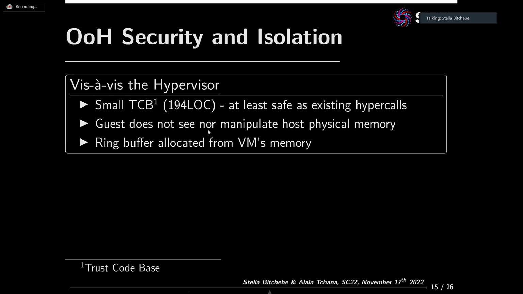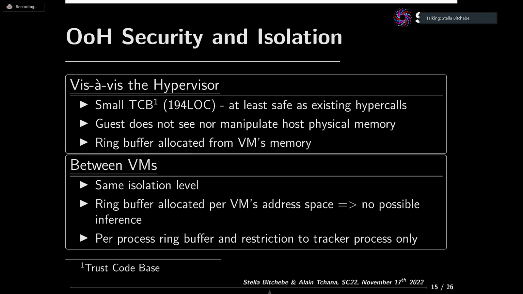With both implementations, shadow and extended PML, the guests never manipulate physical memory. They manipulate either guest virtual or guest physical addresses, which are both virtual addresses from the hypervisor's point of view, and the ring buffer is allocated from the VM's memory. Thus, a VM cannot use the content of that ring buffer to corrupt the hypervisor.